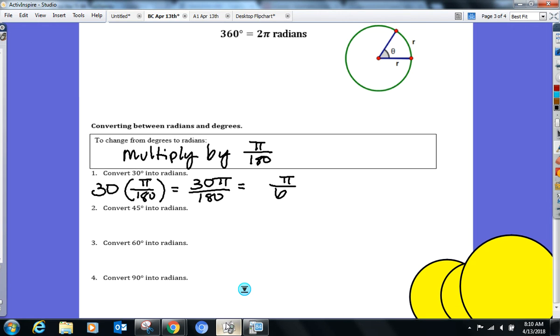45 degrees. How many radians are in 45 degrees? So I take that 45, multiply it by the conversion, pi over 180. So 45 pi over 180. I leave my radians in terms of pi, and I convert 45 over 180 to simplest form.